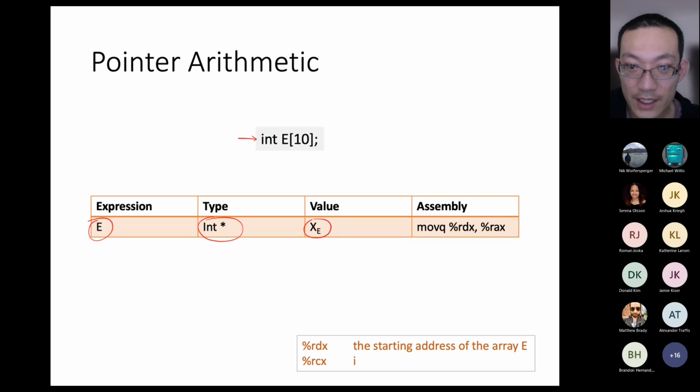RDX is usually the starting address of the array, so we move the starting address of the array to RAX. Assume RAX is where we care about the expression E. So as long as you put down E, the array's name would be interpreted as an integer pointer.